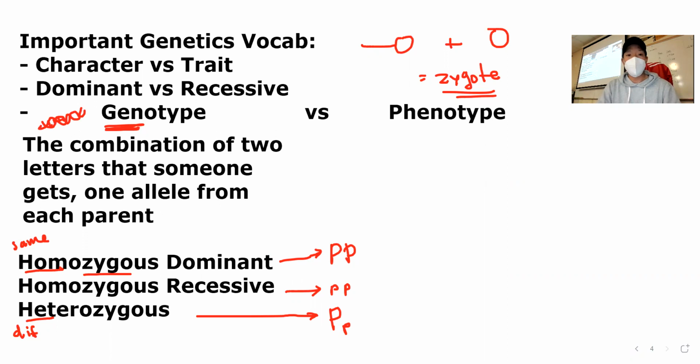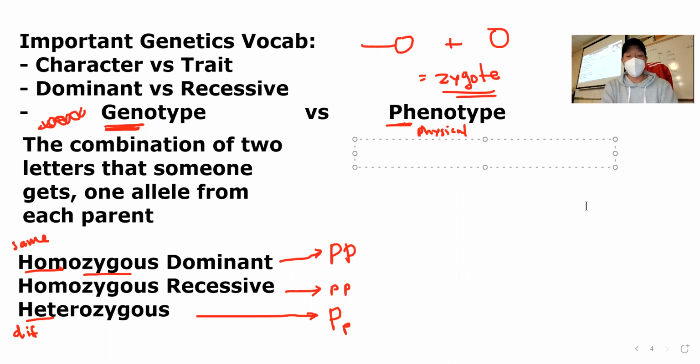Okay? But phenotype, you guys see the word PH right there? Right? That should remind you of the word physical. So what do you guys think the phenotype is? If the genotype is the letters, you want to take a guess? The body parts is what they physically look like, right?